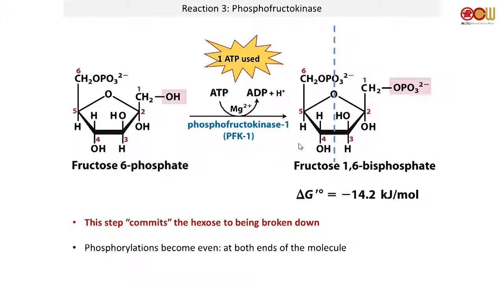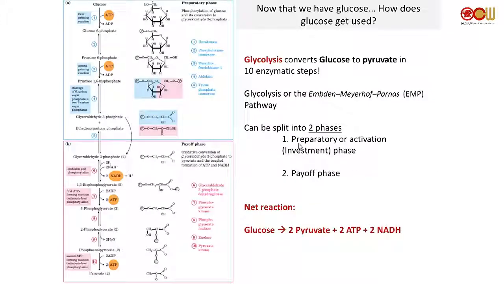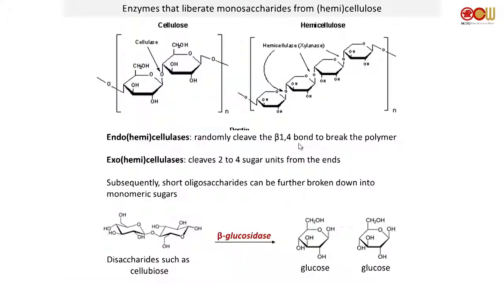If we look at the overall reaction here, I know it's a little small, we went from glucose, a 6-carbon aldose, first activated into glucose 6-phosphate, then an isomerization into fructose 6-phosphate, and then another activation into fructose 1,6-bisphosphate.